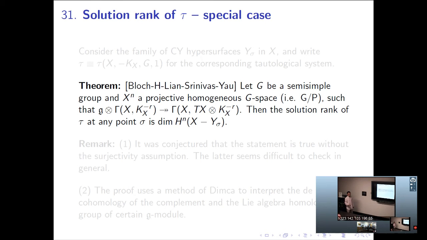In the case where y sigma is smooth, this can be calculated by the hypersurface cohomology plus the primitive cohomology of the ambient. But when y is singular, it's complicated.